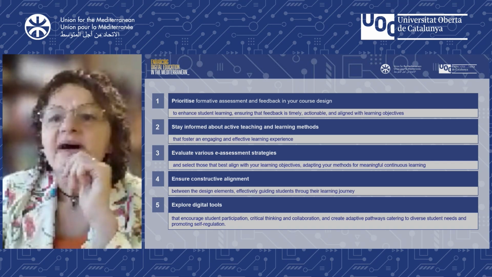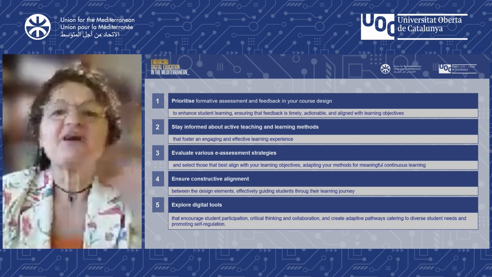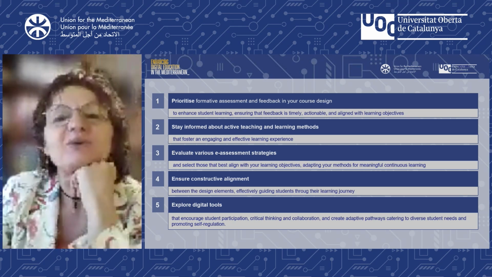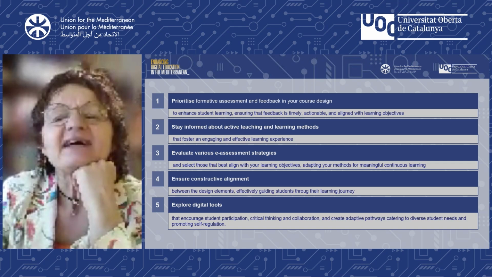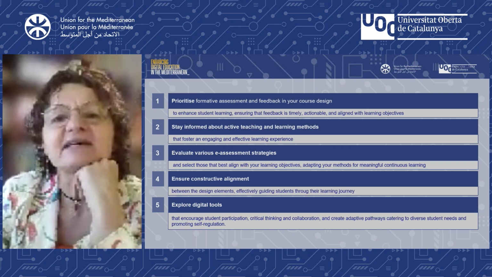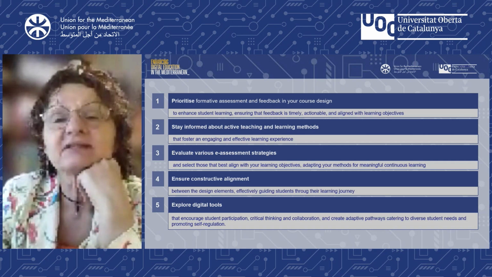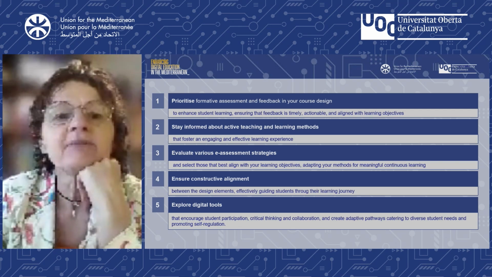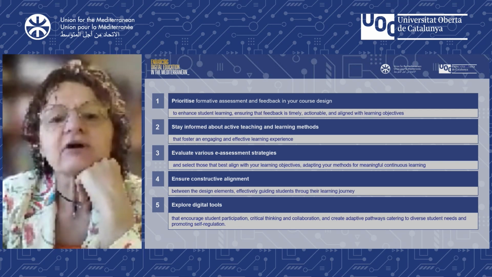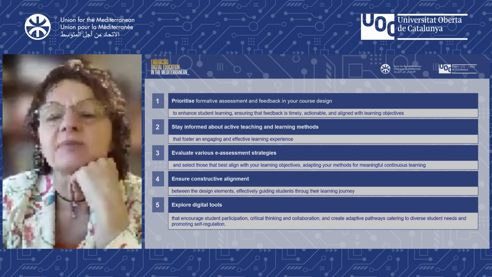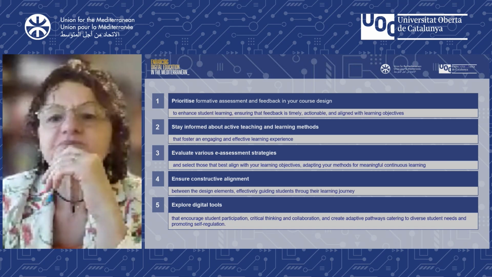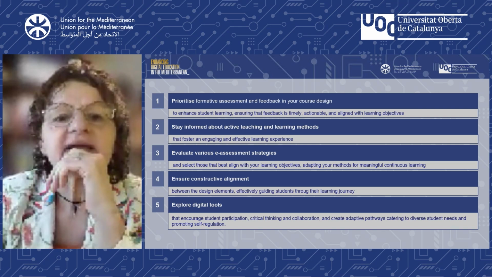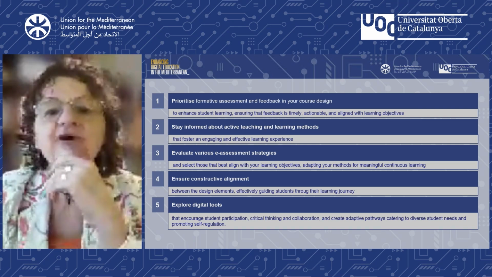After this very quick explanation about how to plan an activity, in this case based on a forum of debate in our online classroom or blended scenario, here you have the conclusions as recommendations to take away. They are 5.